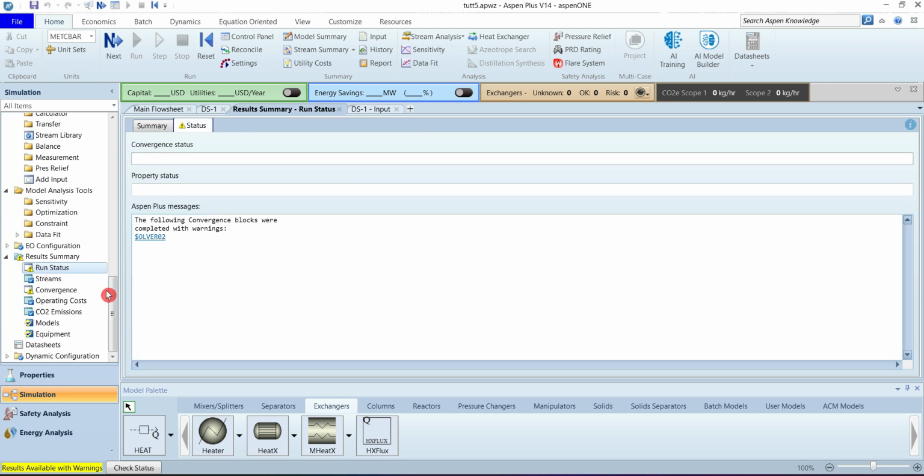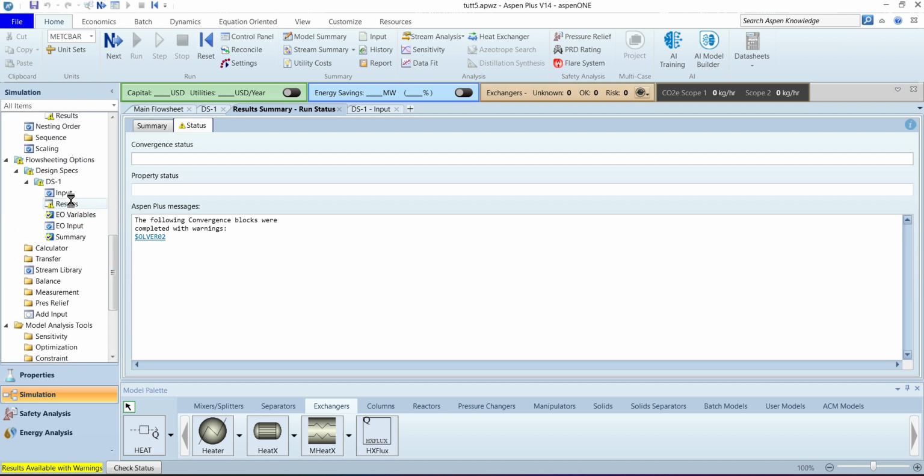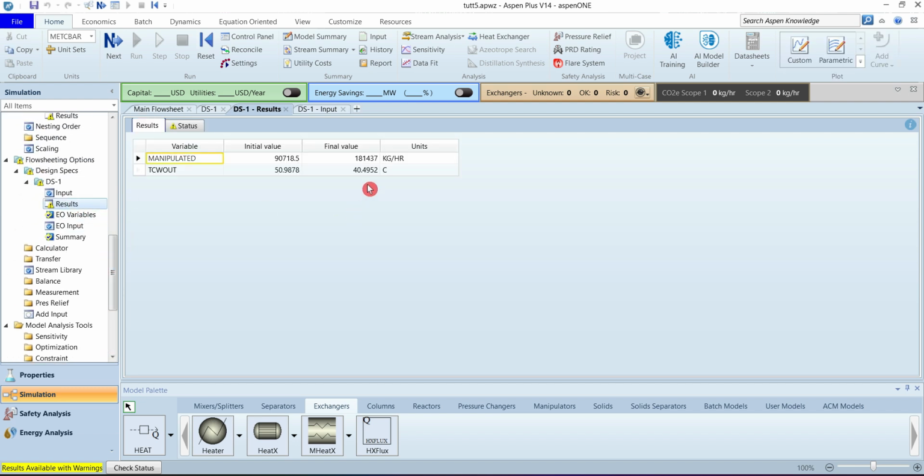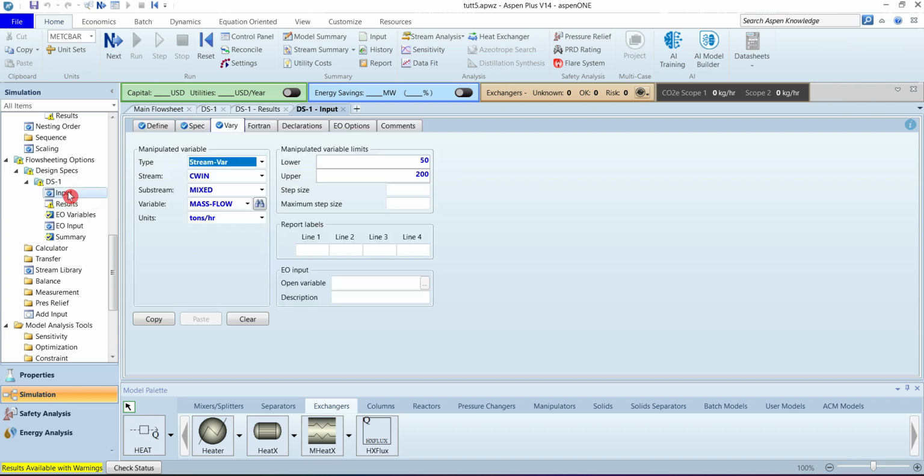Again there is a warning. Let's cross check if we are even close to the results. So we are pretty close to the results, but not enough. With 200 tons per hour, we are still at 40.49, and because the tolerance is 0.01, this is still not acceptable. That means we have to have even more flow rate.